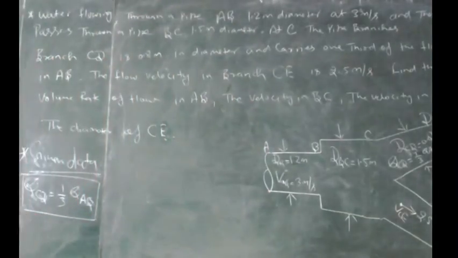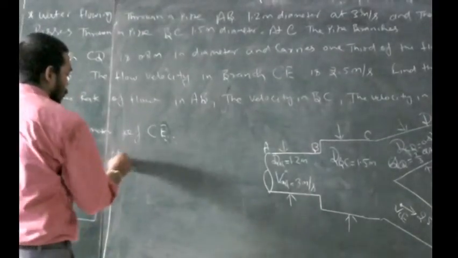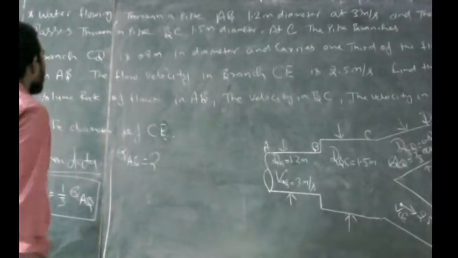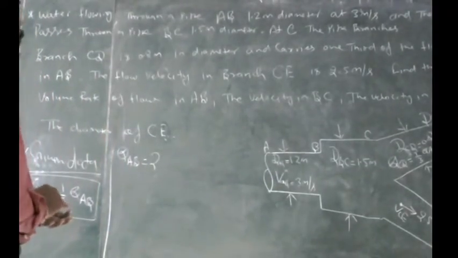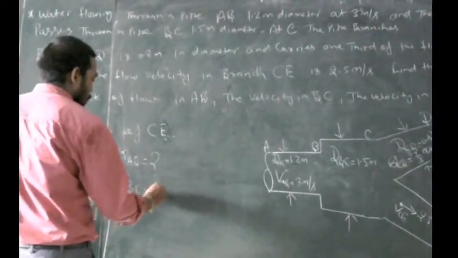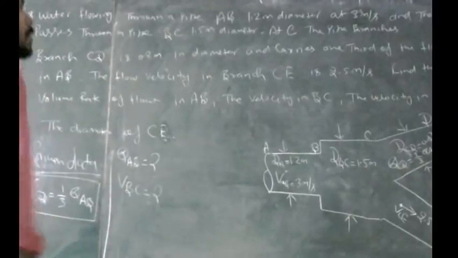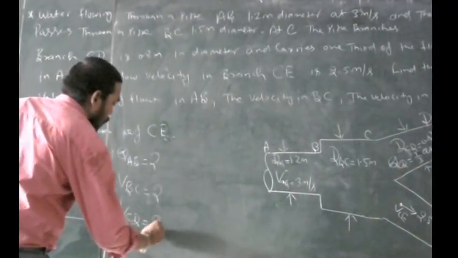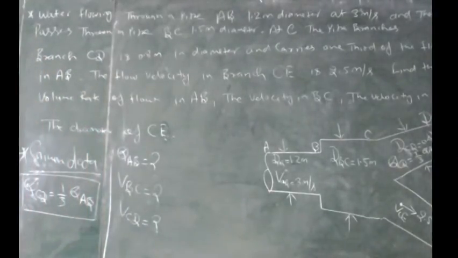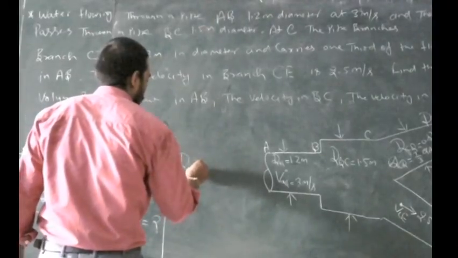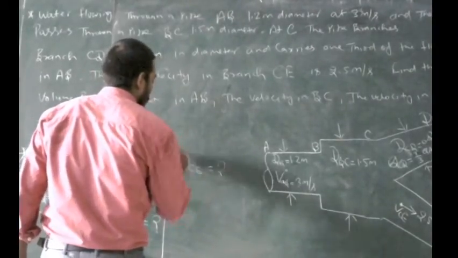Find the volume rate of flow in AB, the velocity in BC, the velocity in CD, and the diameter of CD. Clear?